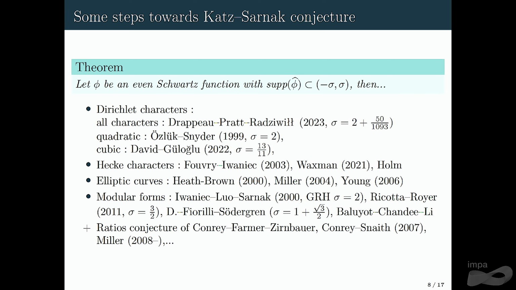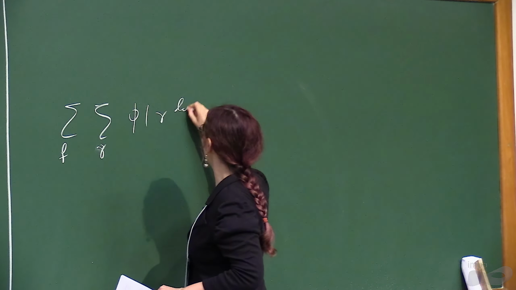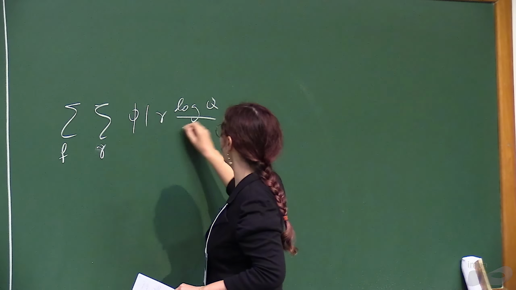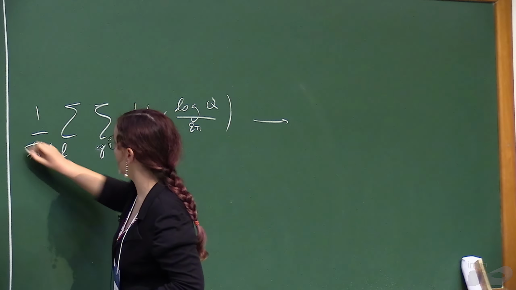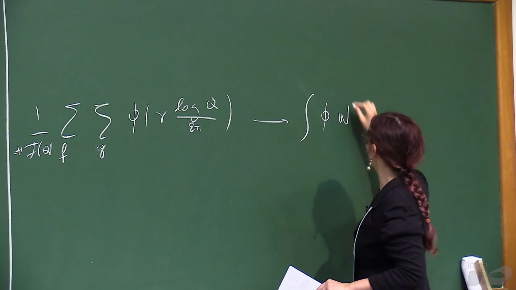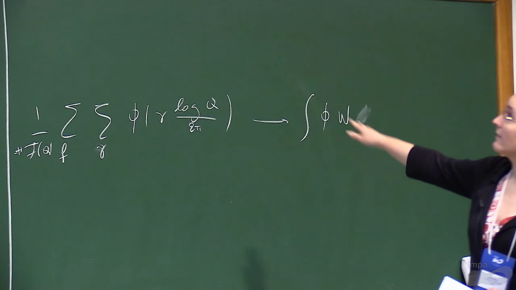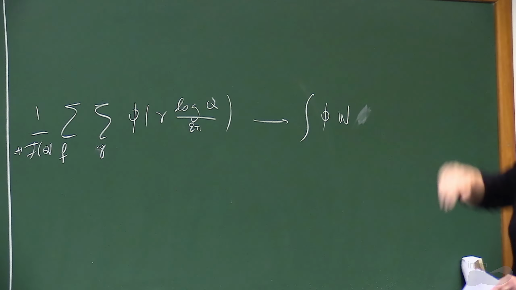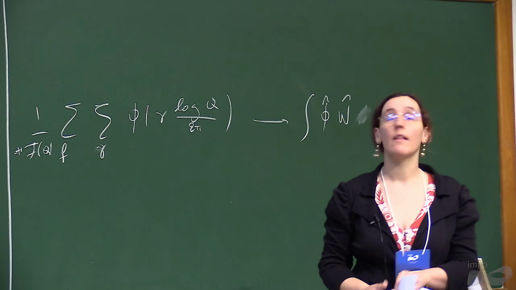So this one level density, the sum over the f, sum over the zeros of phi of log q over 2 pi, over the size of the family, is supposed to tend to something. That's what we prove. So the kind of result is, if support of phi hat... as I said, usually we prove something on the Fourier transform side.